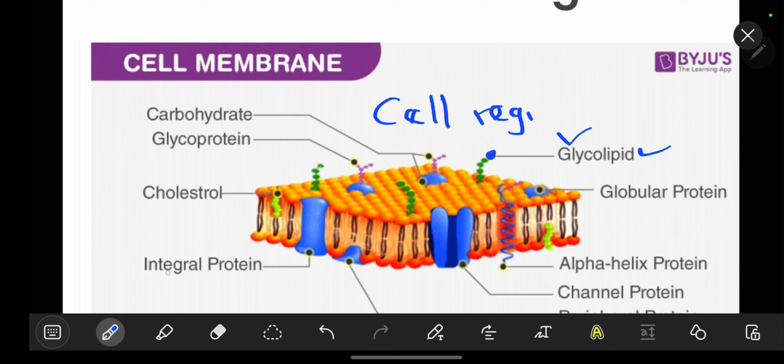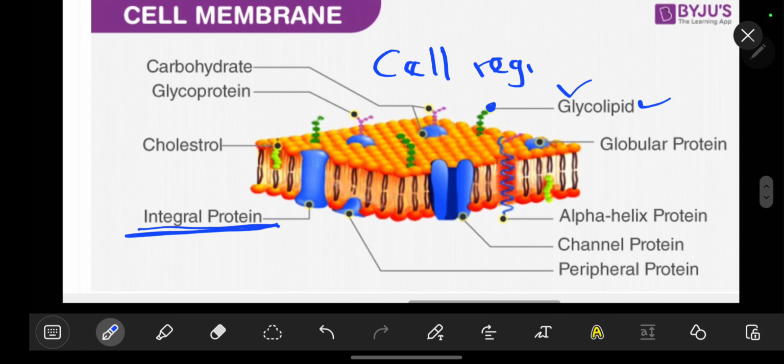We also have this structure which we are going to be calling integral proteins. Integral proteins are just proteins that are embedded within the cell membrane. Examples of integral proteins are protein channels.